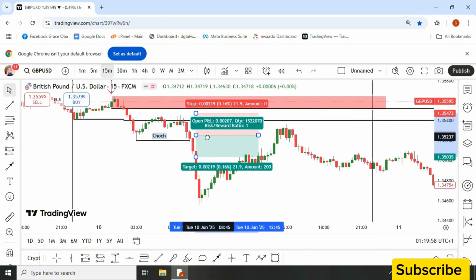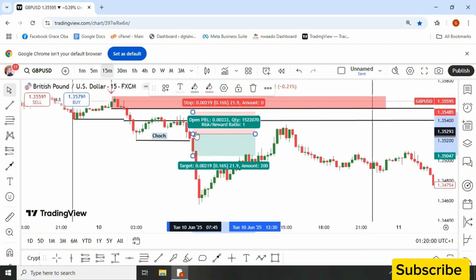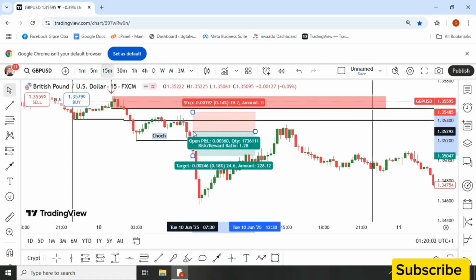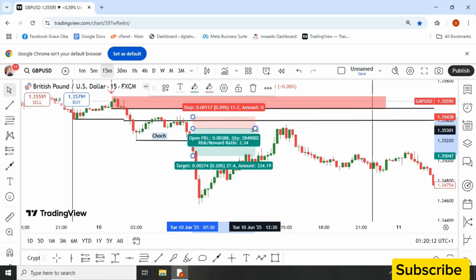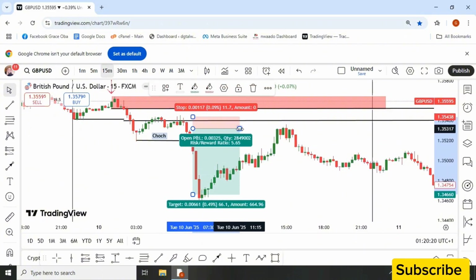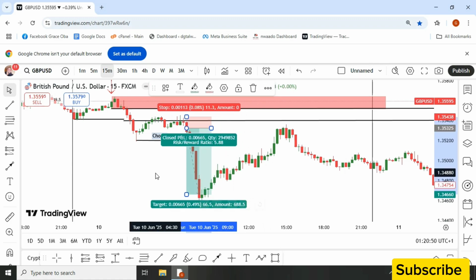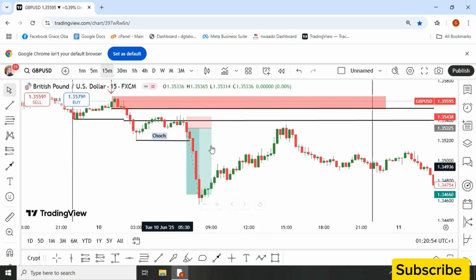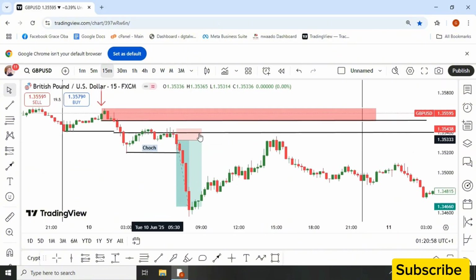Okay, drag this down, right? So my stop loss should be between this place. I should be targeting my TP. That's roughly a 5:1 risk reward ratio, and you see it's a good trade. So this is how this chart played out.